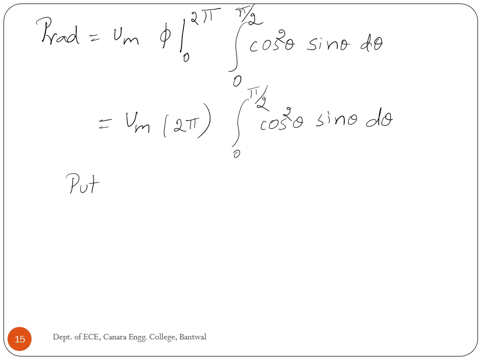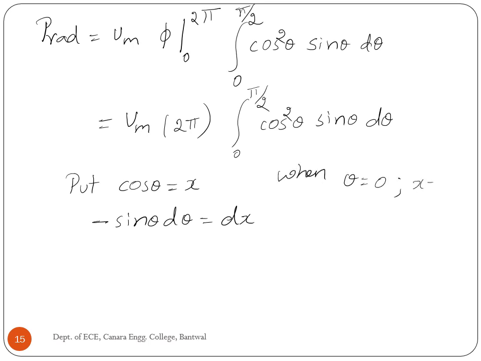Put cos theta equal to x, minus sin theta d theta equal to dx. When theta equal to 0, x equal to 1, when theta equal to pi by 2, x equal to 0.